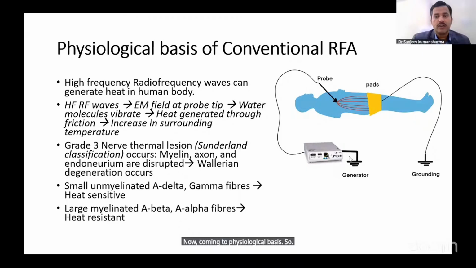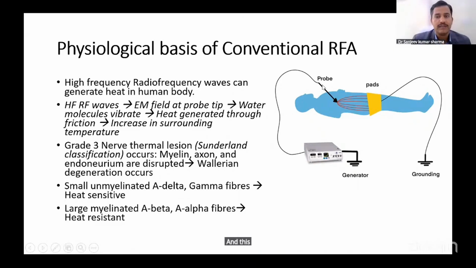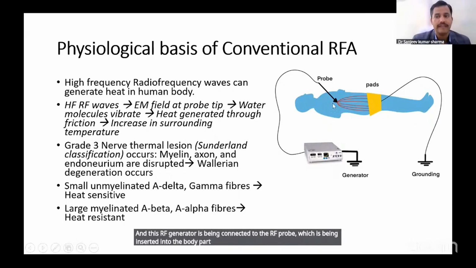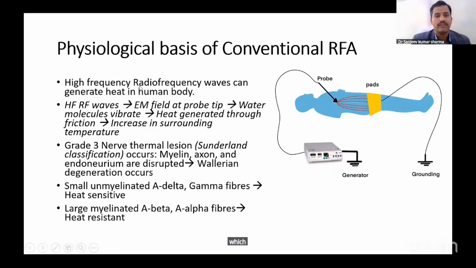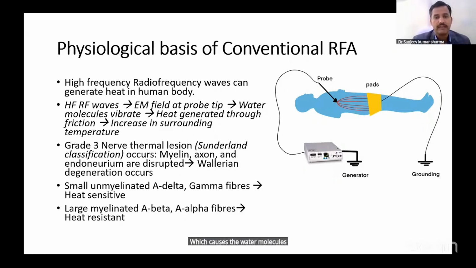Now coming to the physiological basis. Conventional RFA works like an electrical circuit in which we can see an RF generator machine connected to an electrical supply. This RF generator is connected to the RF probe, which is inserted into the body part or a particular nerve area, and produces high frequency radio frequency waves. These waves produce an electromagnetic field at the tip of the probe, which causes the water molecules to vibrate, and heat is generated through friction.